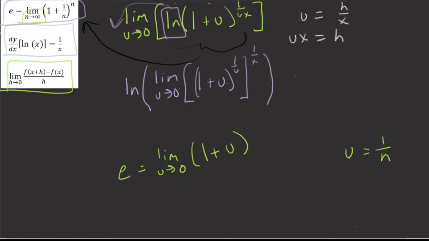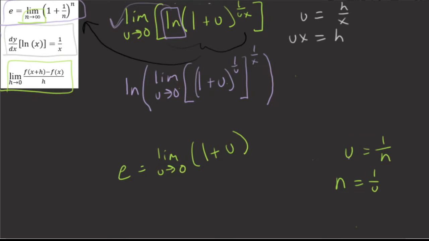Now we have a 1 over n, and we really want to get that n to the top. So we can get n to equal 1 over u.